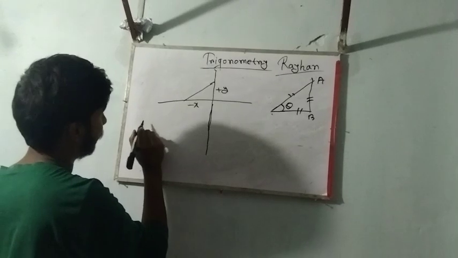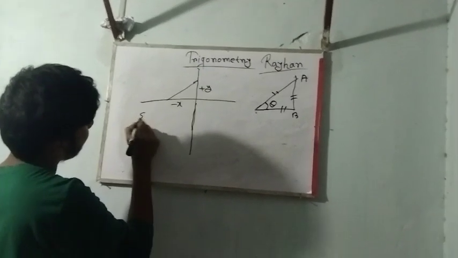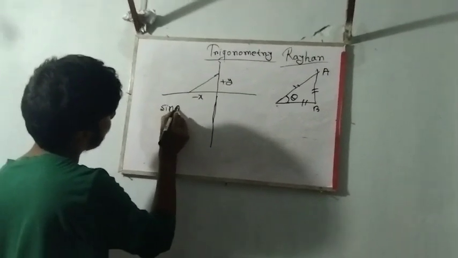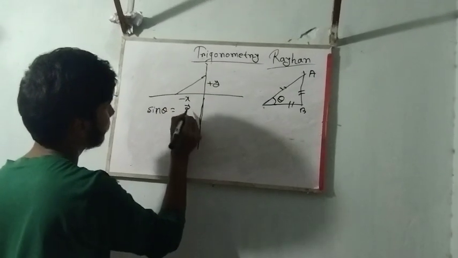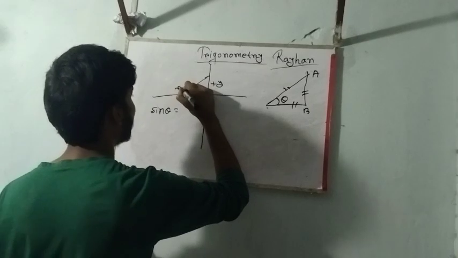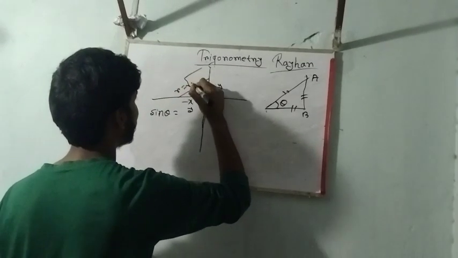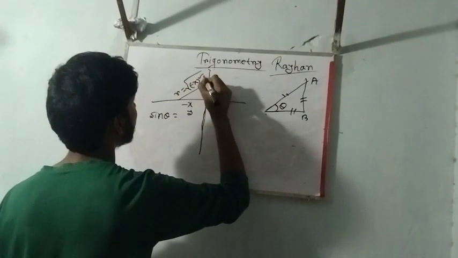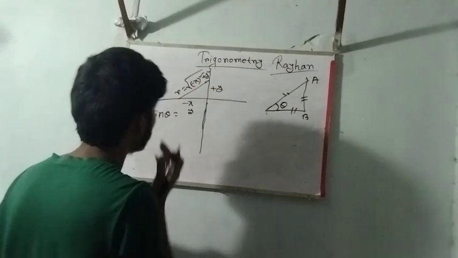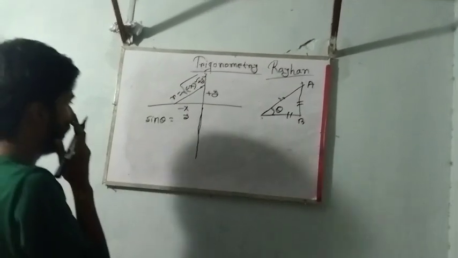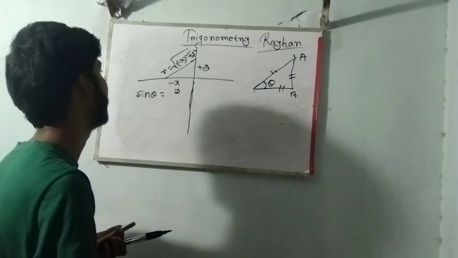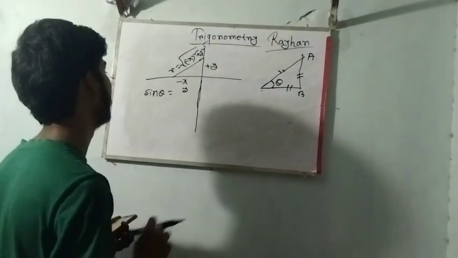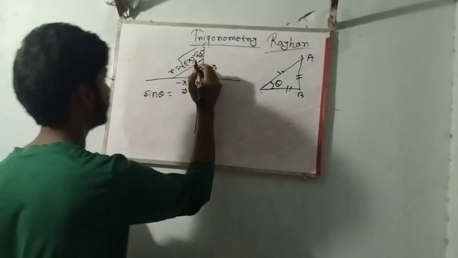If we talk about sine theta, then it will be y and this will be r, and r is root over of minus x square plus y square. R doesn't differ whether x is negative or positive, because x is always squared. So the square removes the minus and this will be plus.